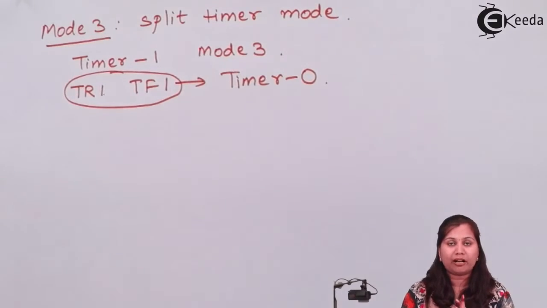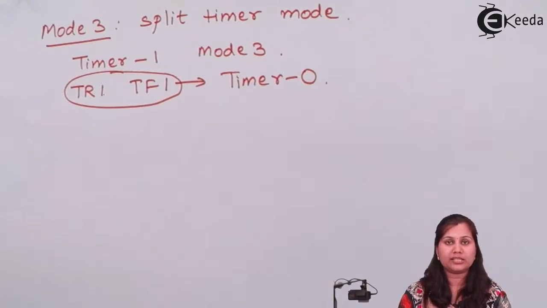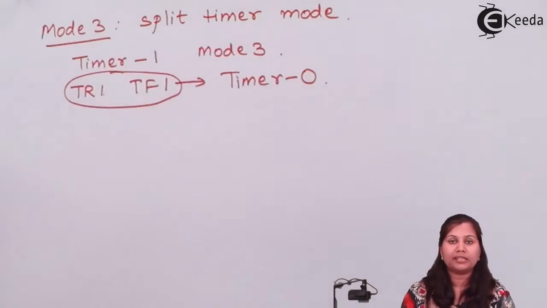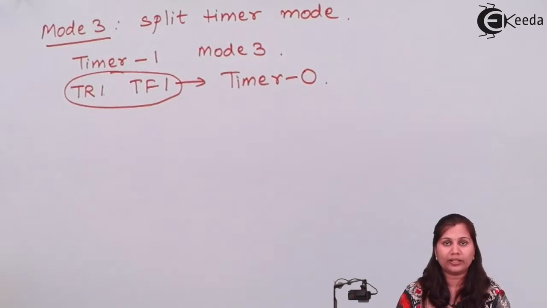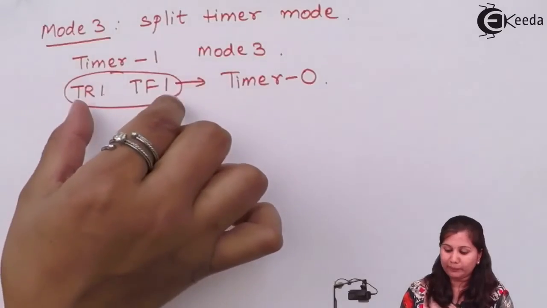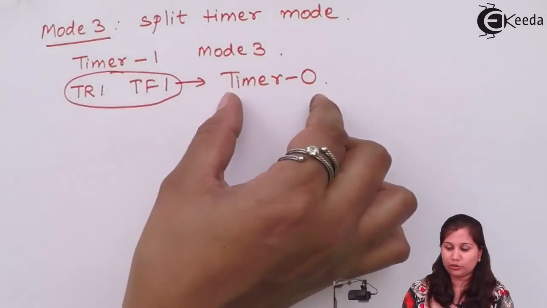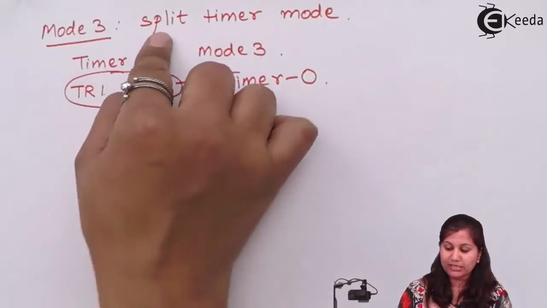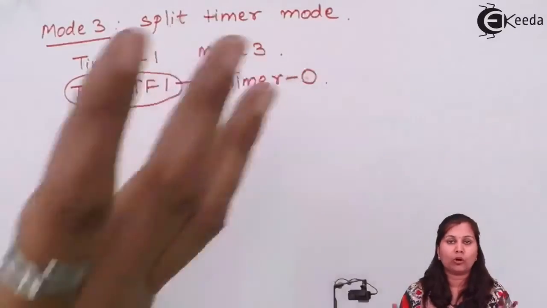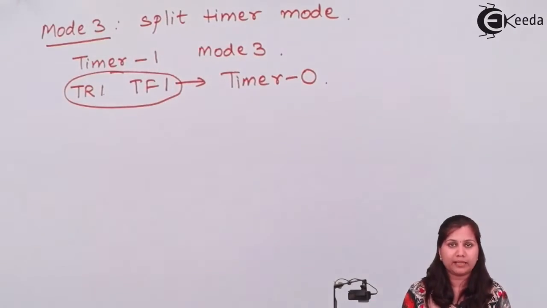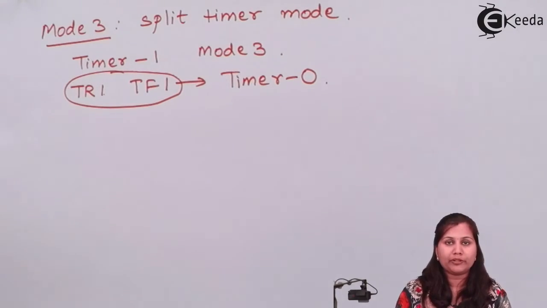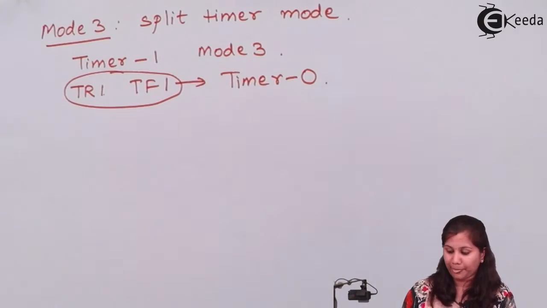So the functioning of the two timers is a combination; they are cooperating with each other, not independent. Timer 1 bits are used by timer 0 if it is initialized in mode 3. That is why it is called split timer mode. The functioning of the timers is mixed up. So these are the 4 modes of operation of the timers.